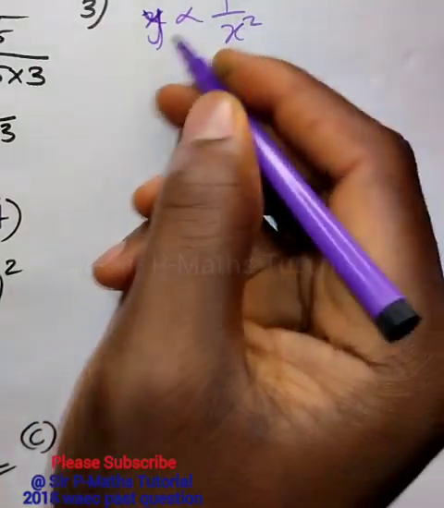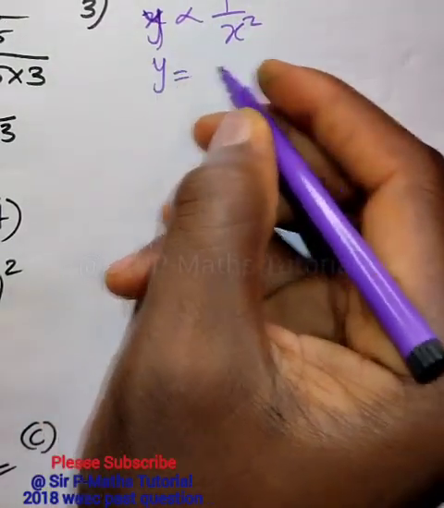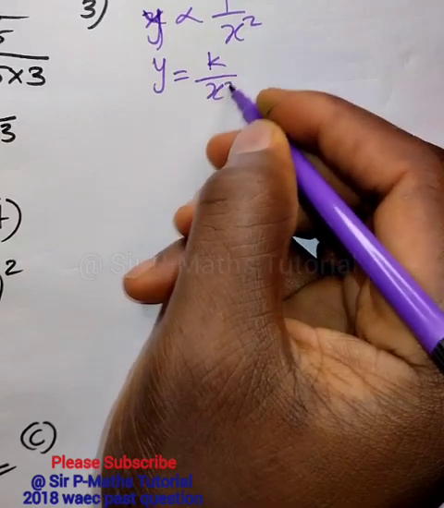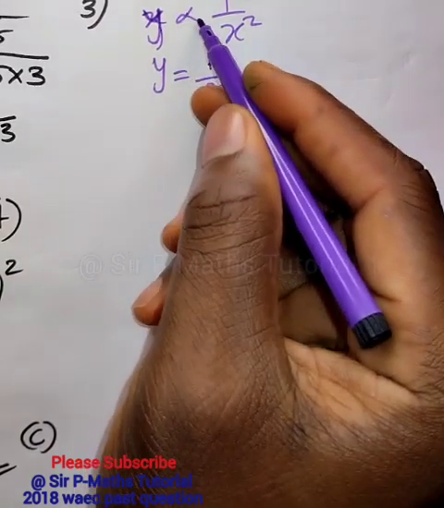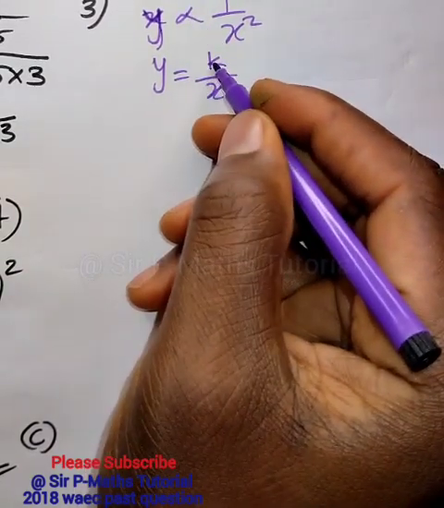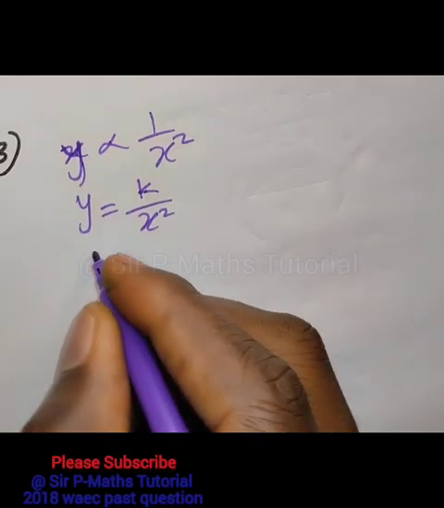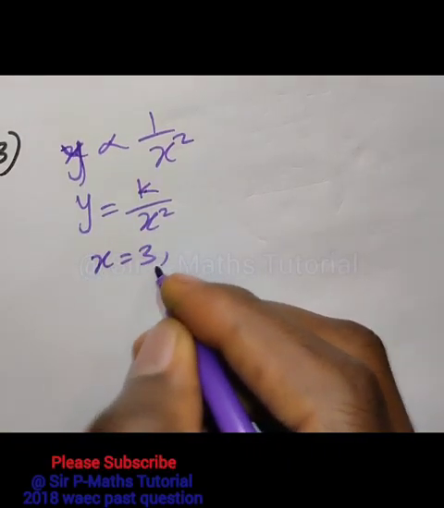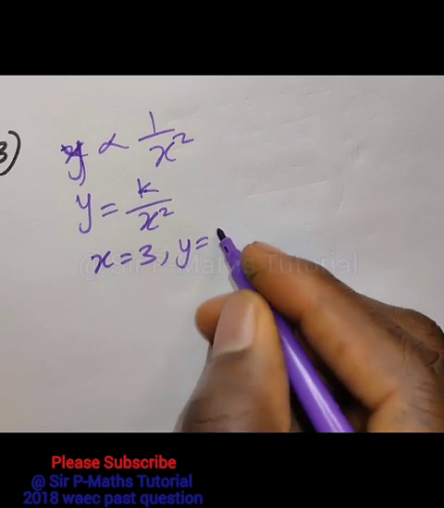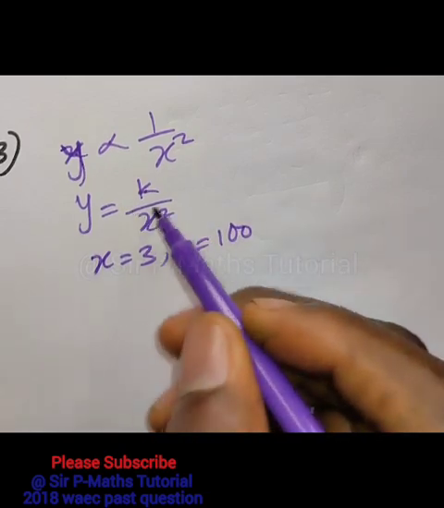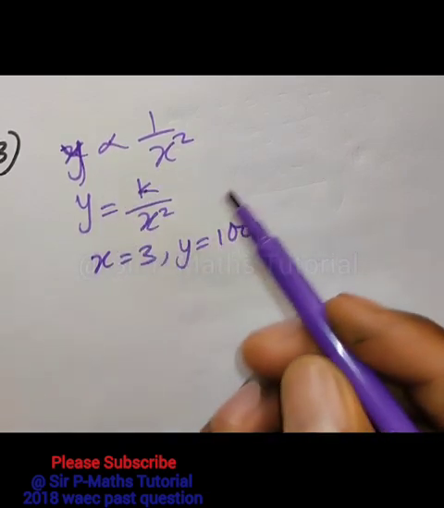Let's write it as an equation. I will have y equal to k over x squared. When you remove the sign of proportionality, you introduce a constant. Remember, we were given that x is equal to 3 when y is equal to 100, and we are asked to find the equation connecting the variation.